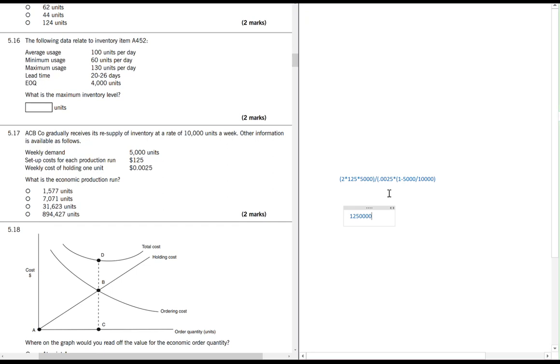Next, I will start from here. 5,000 divided by 10,000 gives me half, and minus that from 1 gives me half as well, and then 0.0025 multiplied by half becomes 0.00125.